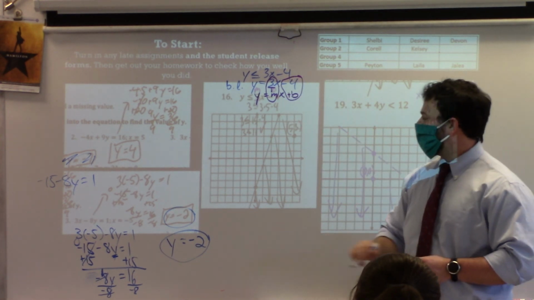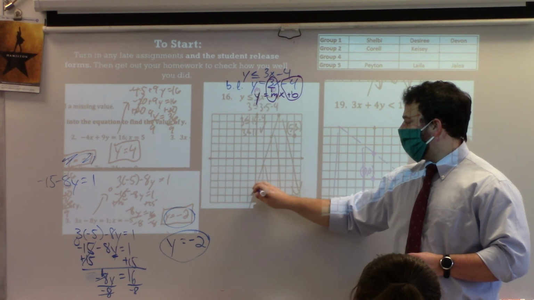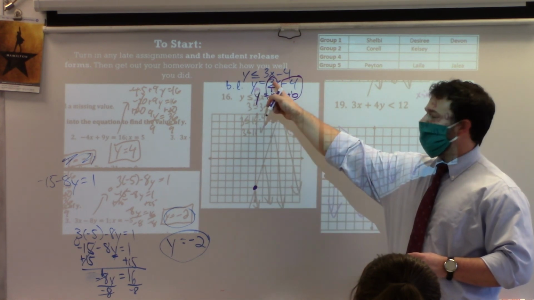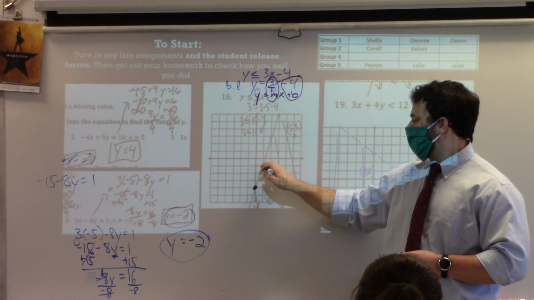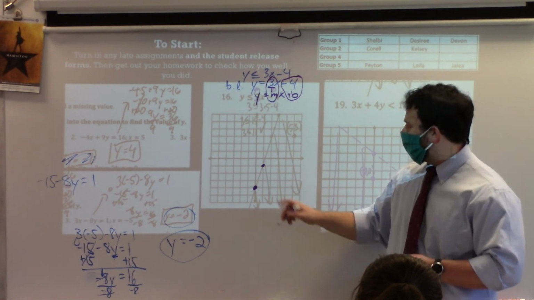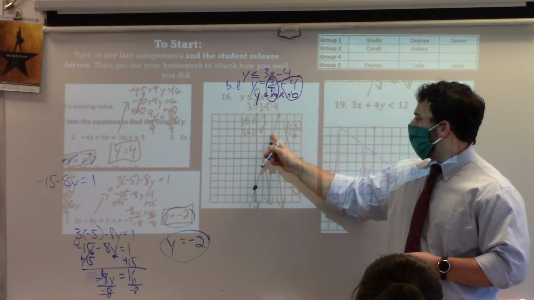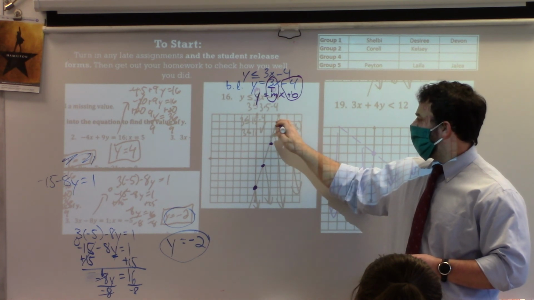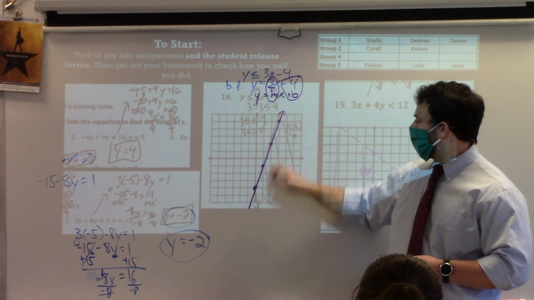The y-intercept. So 1, 2, 3, 4, y-intercept is negative 4. And a rise of 3 and a run to the right of 1. Rise up 1, 2, 3. Apparently I mislabeled a point. Should be there. And then 1, 2, 3 to the right 1. Sorry about missing that point. We'll fix that on the solutions.